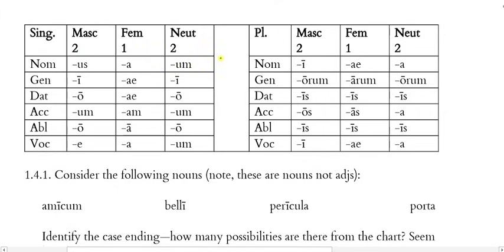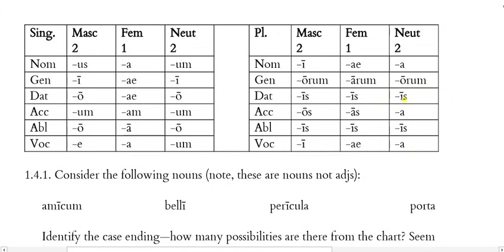The reason for that is that the masculine forms here are second declension. The feminine forms here are first declension, and then the neuter forms are second declension. And in the plural, masculine forms again follow the second declension pattern, the feminine the first, the neuter the second.